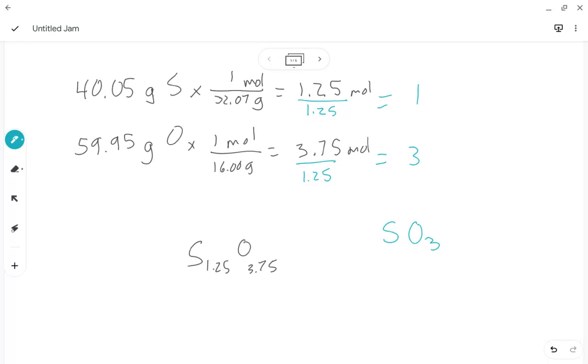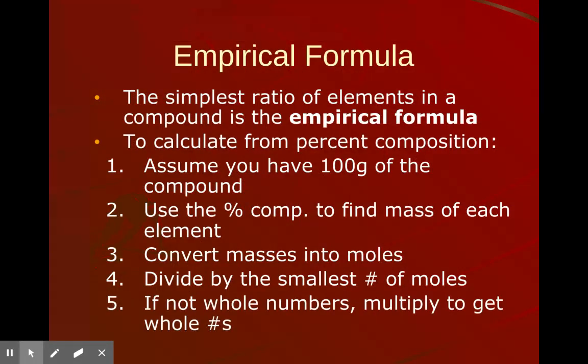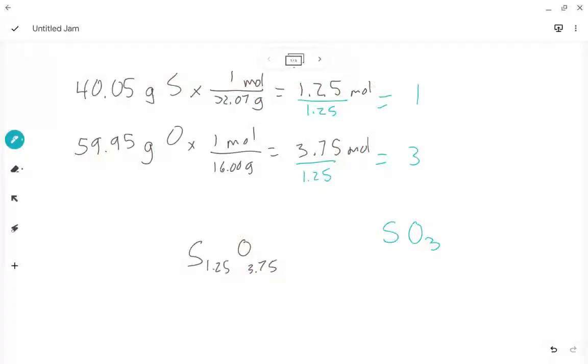Now, I'll also show you that if you don't end up with whole numbers, then we would multiply to get whole numbers. Because sometimes when you do this last step, you'll get something that ends in a 0.25 or a 0.33 or a 0.50 or a 0.66 or a 0.75.